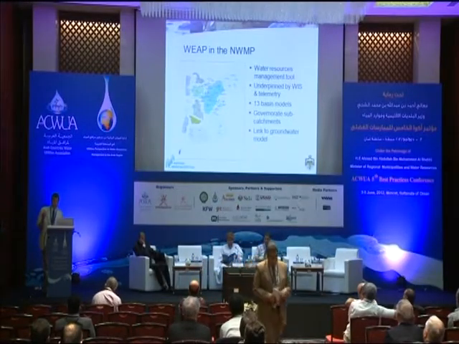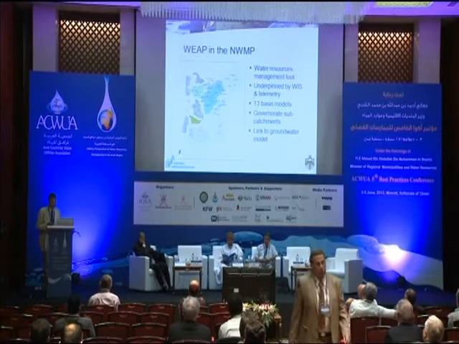Just a quick slide on how the National Water Master Plan is created, in terms of a model that we use, which is called WEEP, Water Evaluation and Planning Tool.